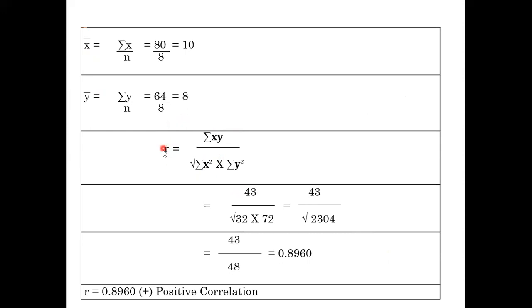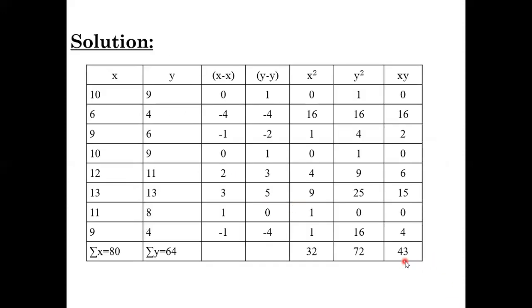So now Karl Pearson's coefficient of correlation under the actual mean method is sigma xy divided by root of sigma x square into sigma y square. In the sigma xy, what we found here is 43.